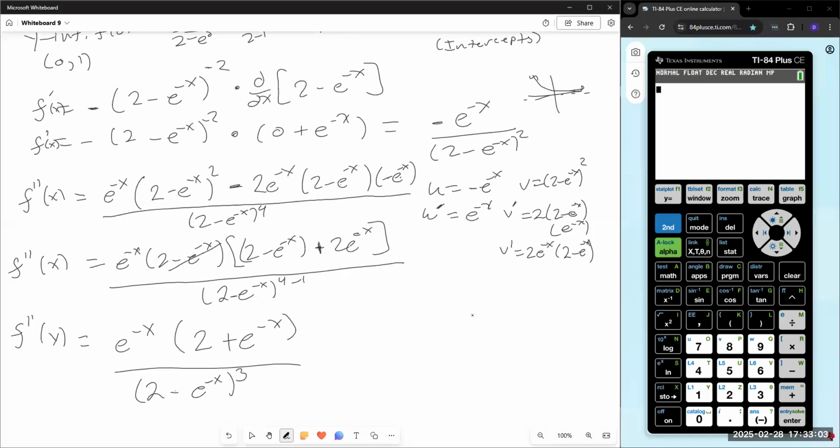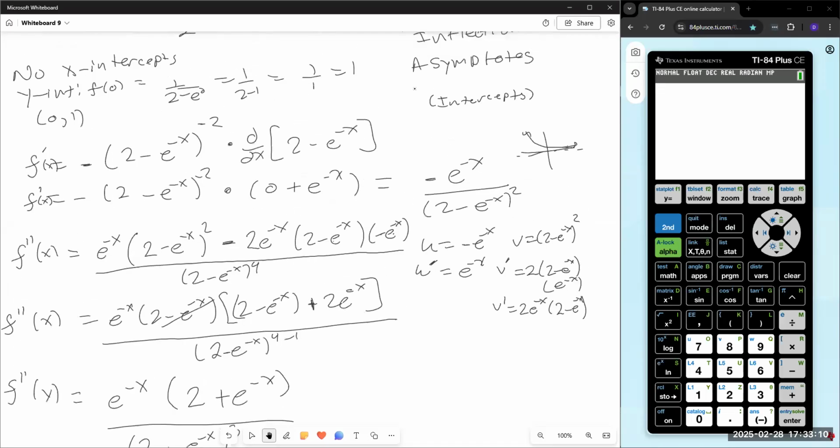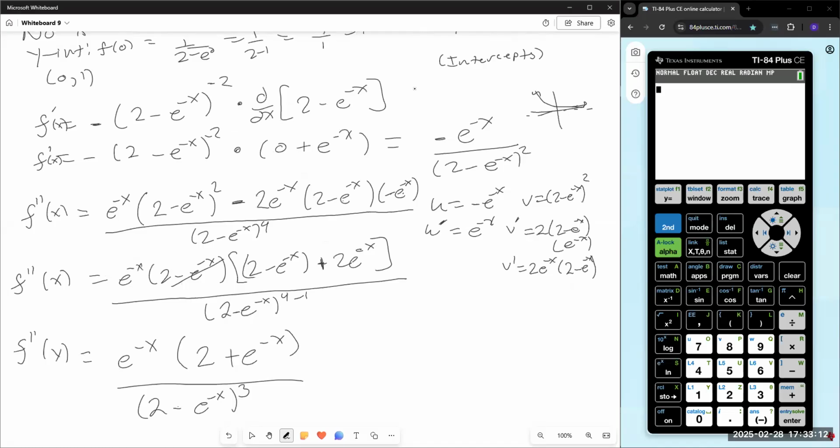But that is where there is a vertical asymptote, so that's not a critical number. So there are no local minima or maxima to answer the first question.